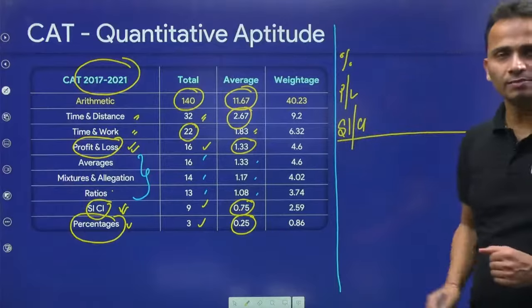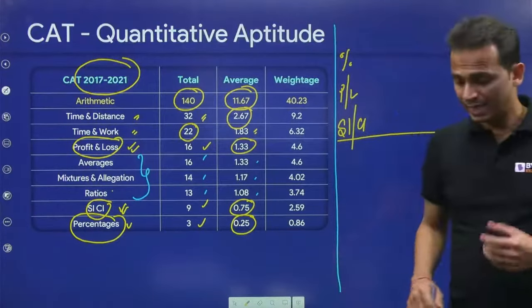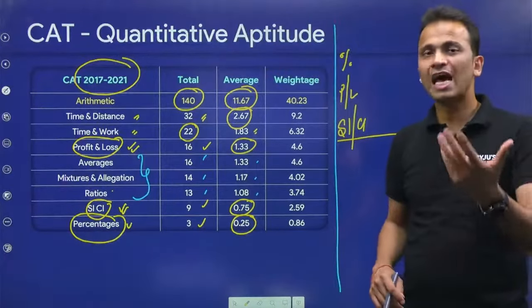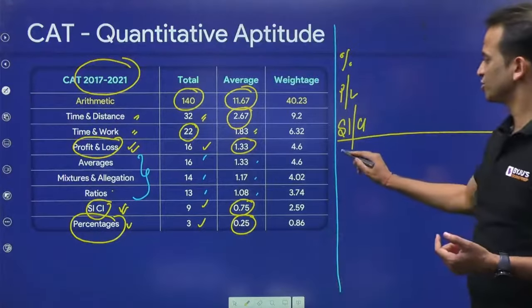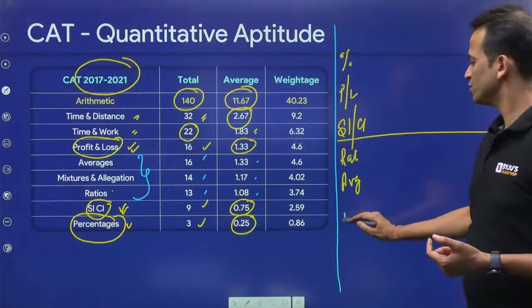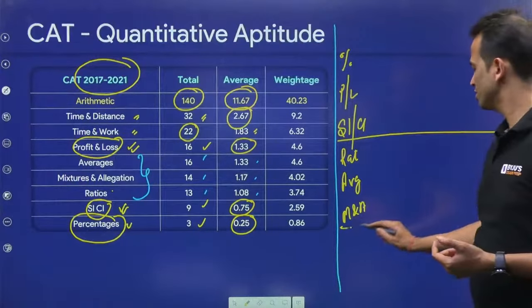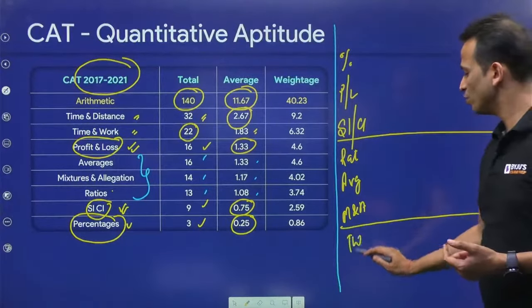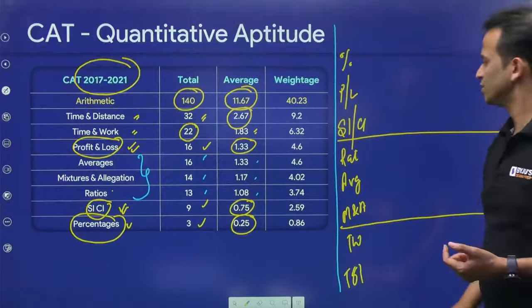This is one area. Then next will be ratios, averages, and mixtures and allegations. Finally, it will be time and work, time, speed, and distance.